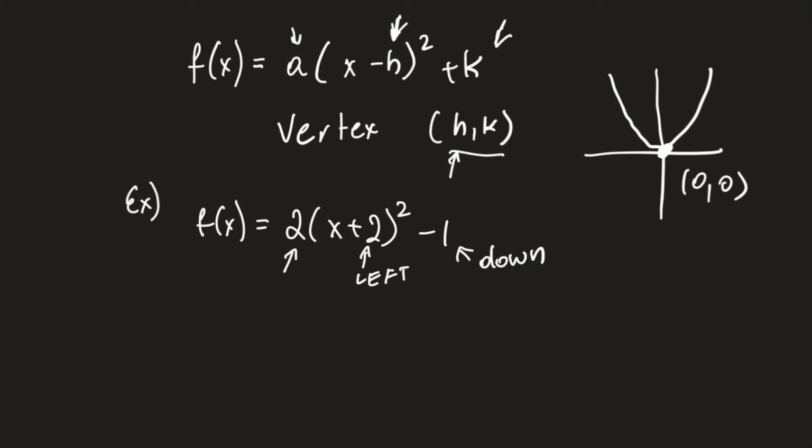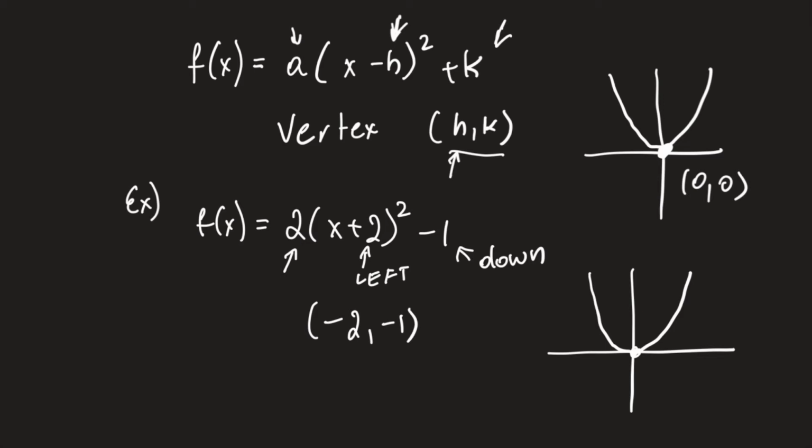So if we were to graph this, I always suggest graphing the parent function first. So I know that this is a parabola where the vertex is 0, 0. The new vertex of this function will be negative 2, comma negative 1. The x-coordinate is shifted in the opposite direction of what you would think.